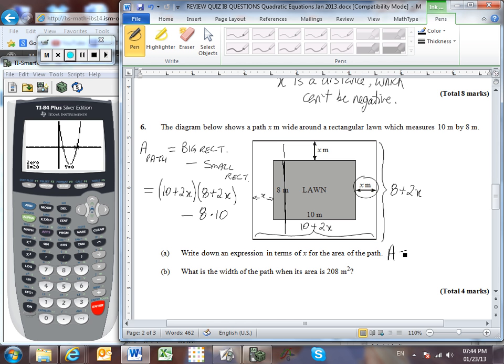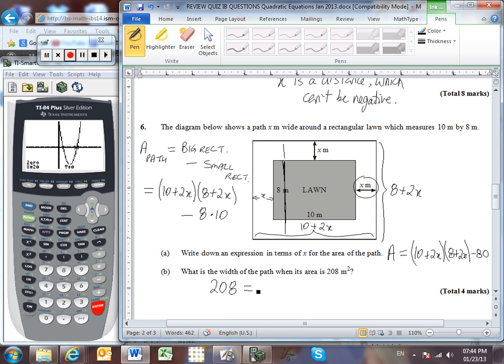The area will be 10 plus 2x times 8 plus 2x minus 80. Part B, what is the width of the path when its area is 208? So the area is 208. Let's replace A, area, with 208.